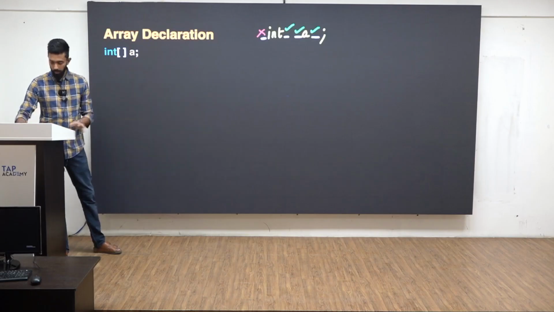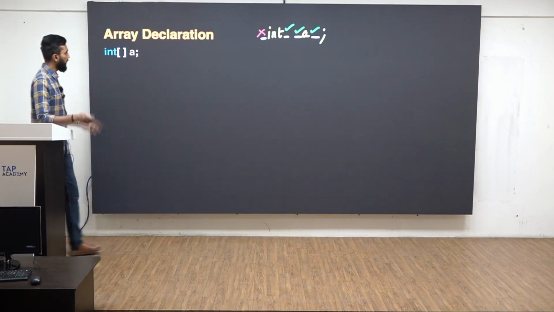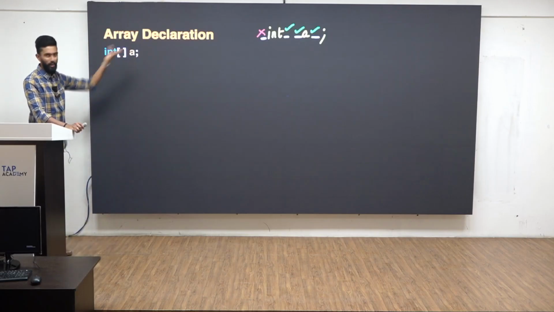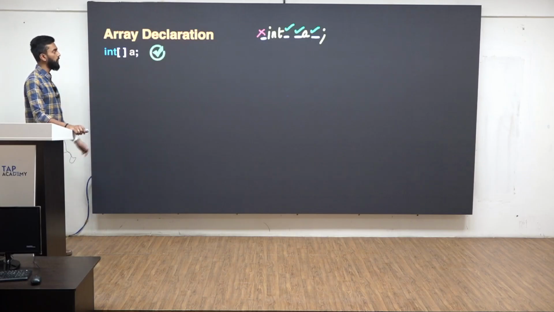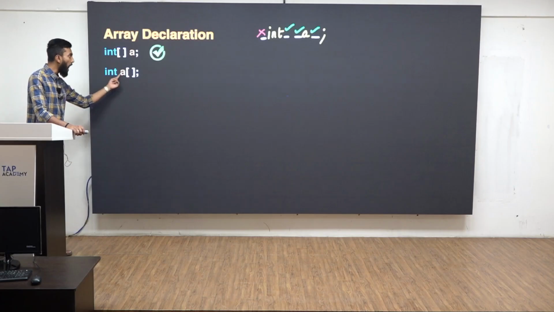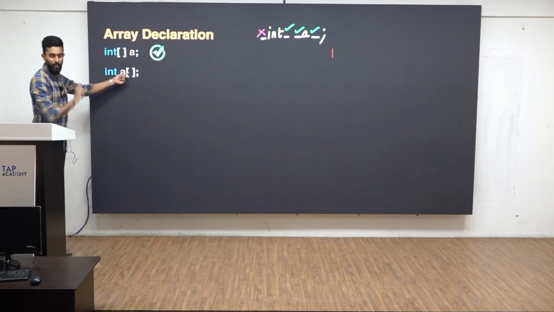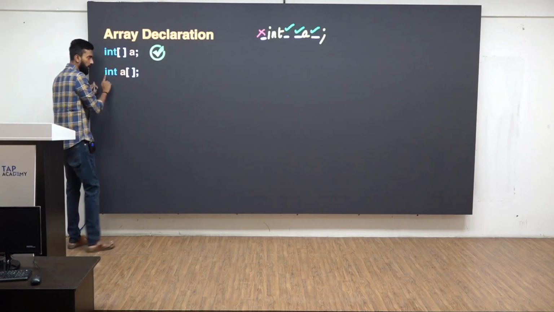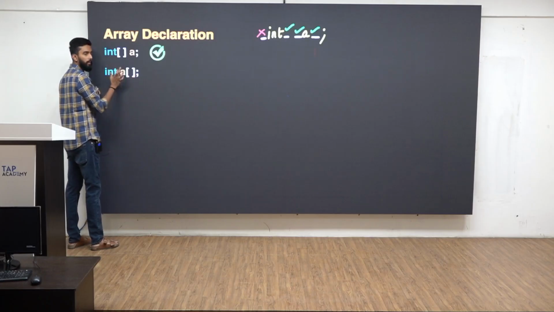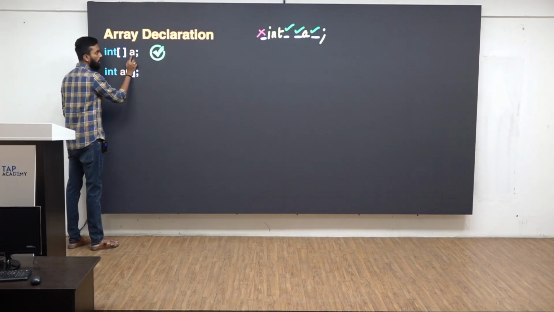Just keep this in mind and now observe this carefully. Tell me, is this valid? Yes, 100% this is valid. Everybody knows. Now tell me, do you think this is valid? Yes, after a also you can put, valid. One more way to check whether it is valid is to read. See how to read. Always start with the variable's name.